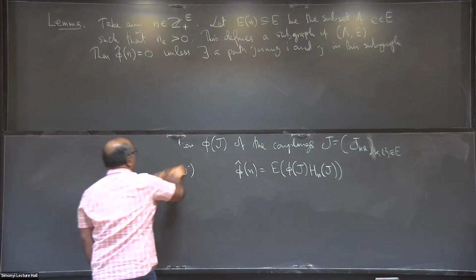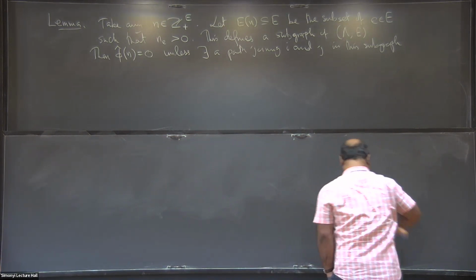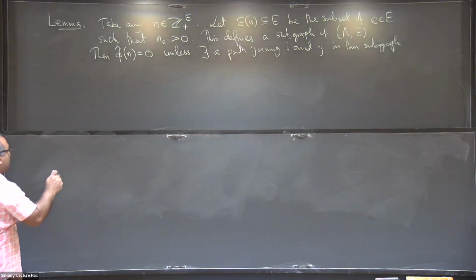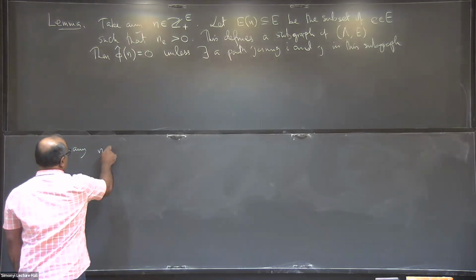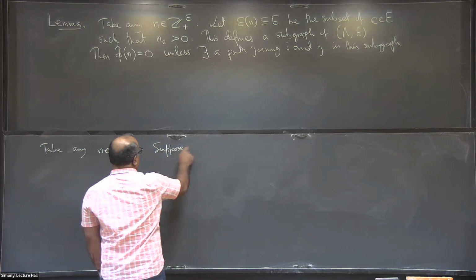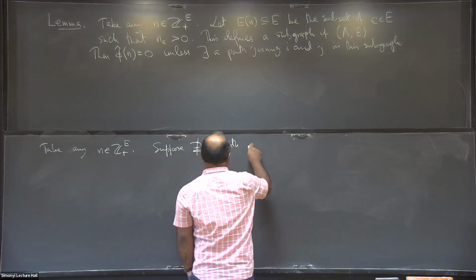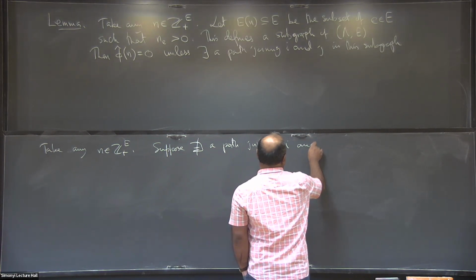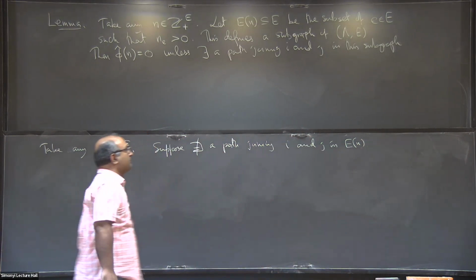Okay, so what's the proof of this lemma? So i and j are fixed, remember? Take any n. Suppose there does not exist a path joining i and j in E_n.